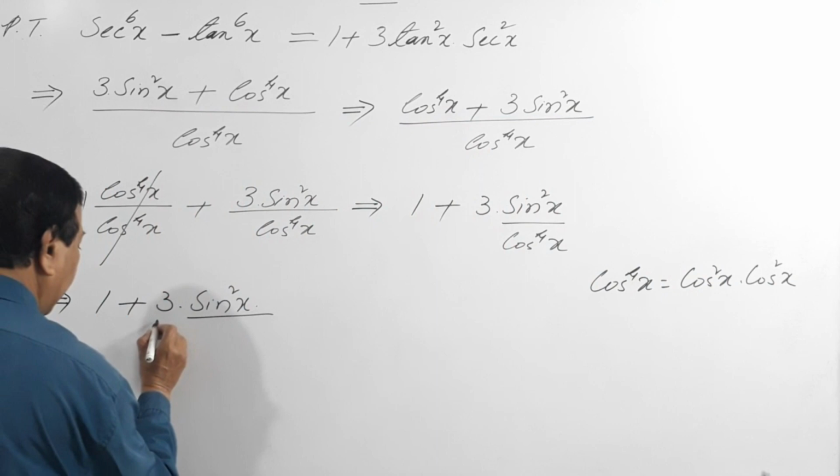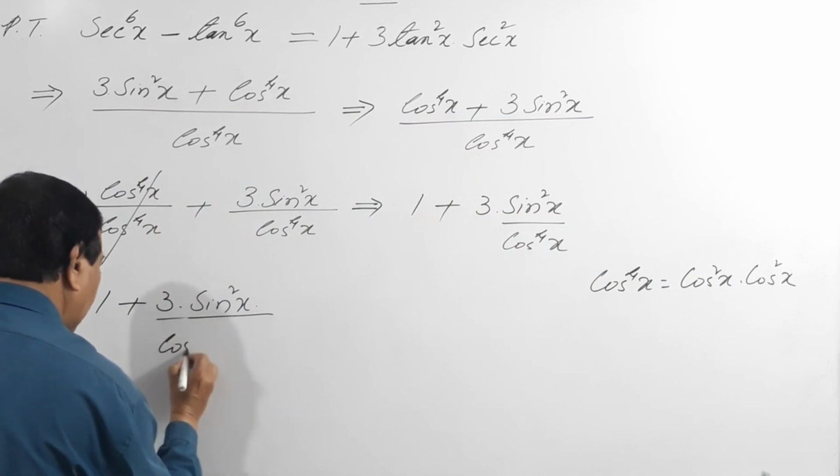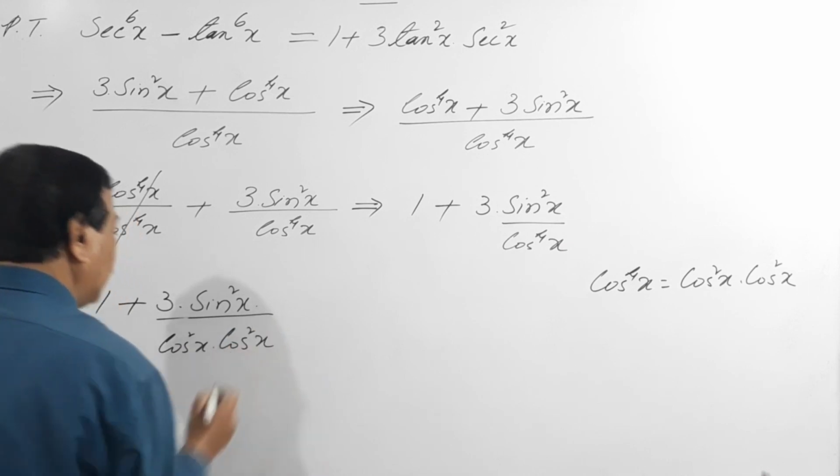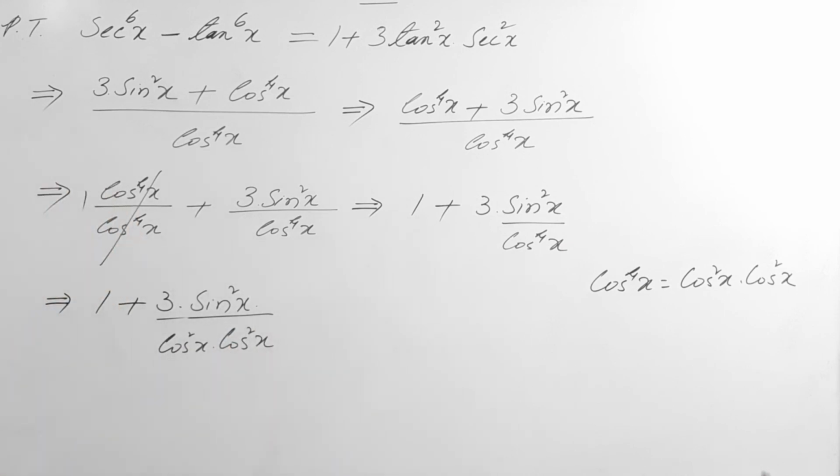So what I'll do, I'll write this as cos square x into cos square x. Done.